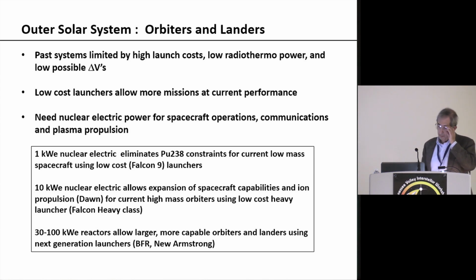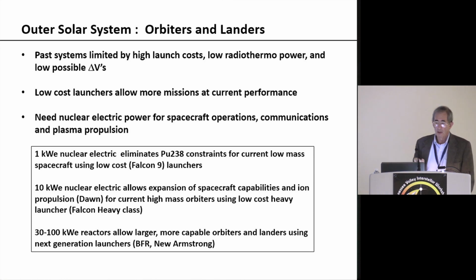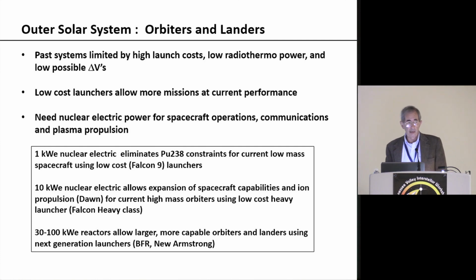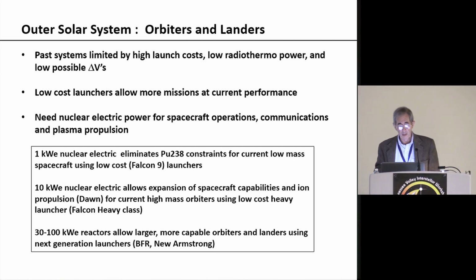Okay, the old classic NASA mission of getting out there and exploring new areas. In the past, we've been limited as to what you can do out there, mainly because of the high launch costs, because you're using our biggest launchers, the old Titan 4s, Space Shuttle, Ariane 5s. All these are very expensive. And when you get out there, you have almost no power.